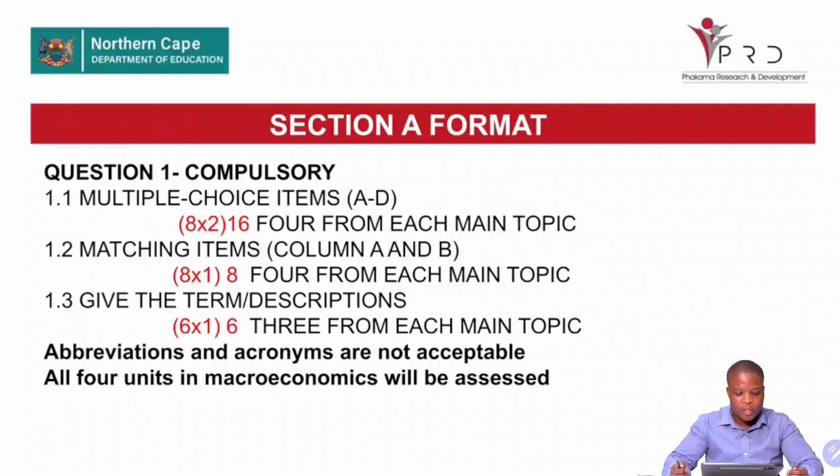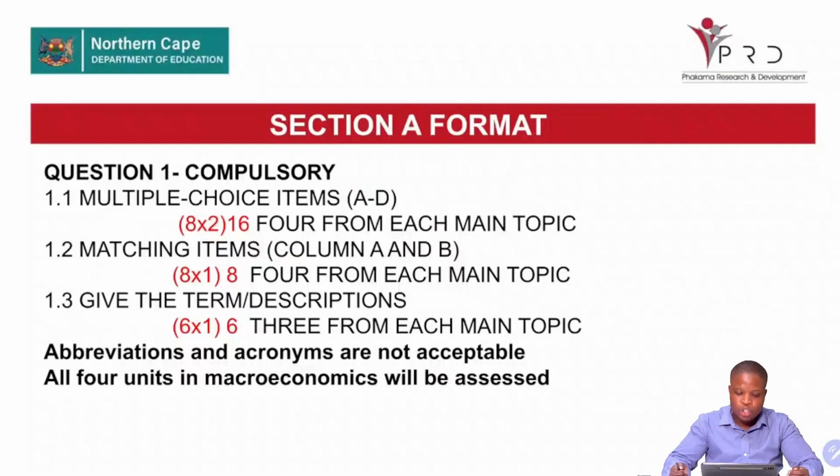Right, so this is how section A look like. Section A, you have 1.1, which is 16 marks, have 8 questions, each is 2 marks. You have all the questions being assessed for macroeconomics and economic pursuit. So 4 of them come from macroeconomics and the other 4 come from economic pursuit.